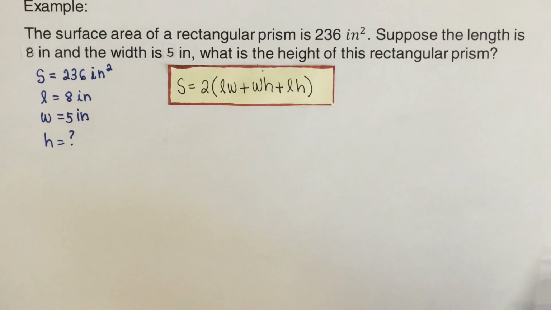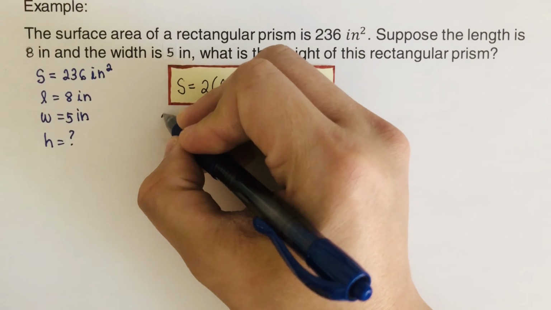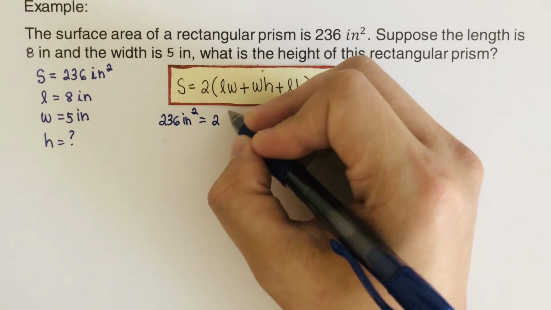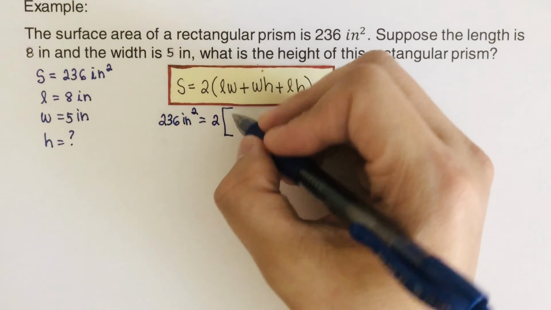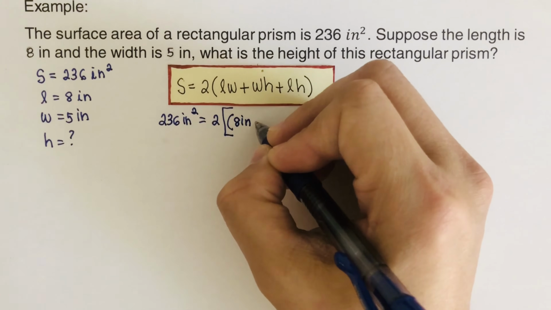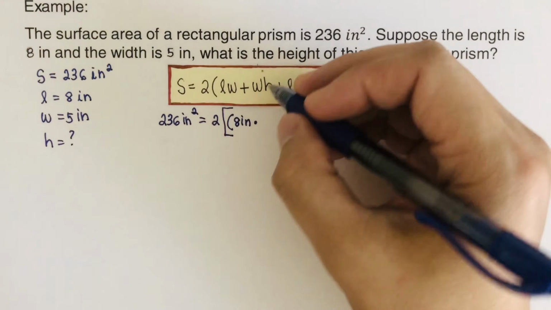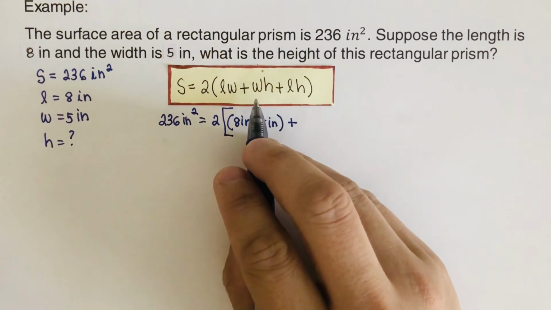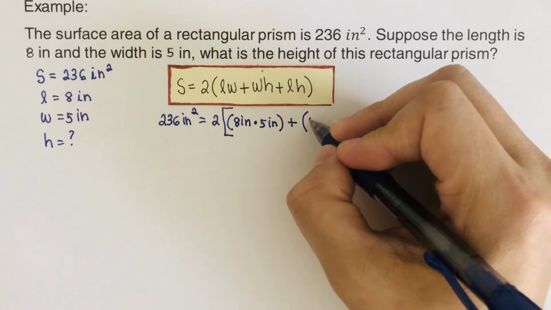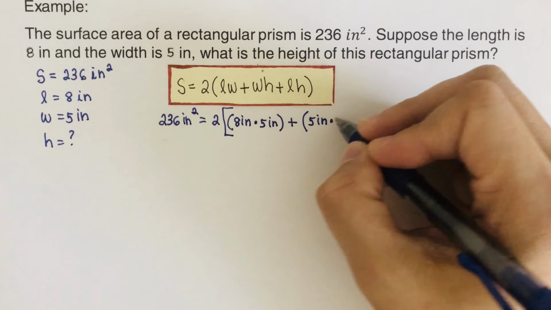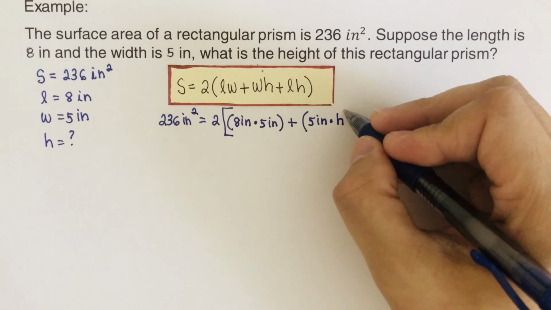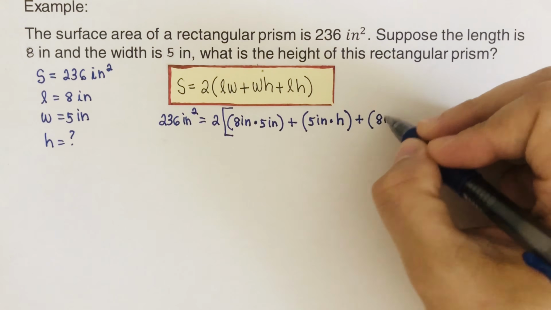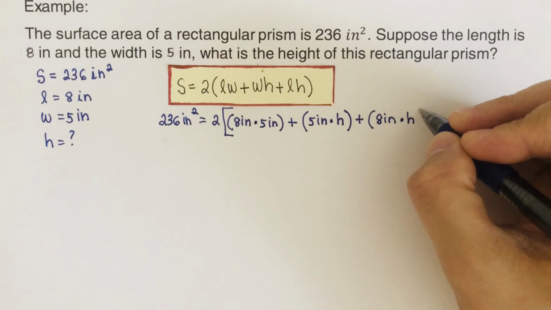The surface area, 236 inches squared, is equal to 2 times the length, 8 inches, times the width, 5 inches, plus the width again, 5 inches, times the height, which is missing, so we keep it as h, plus the length, 8 inches, times the height, h.